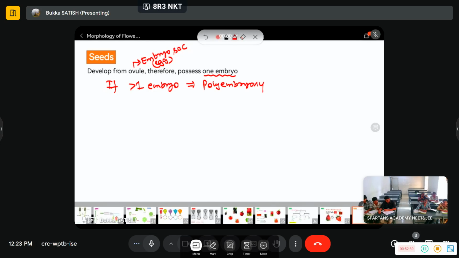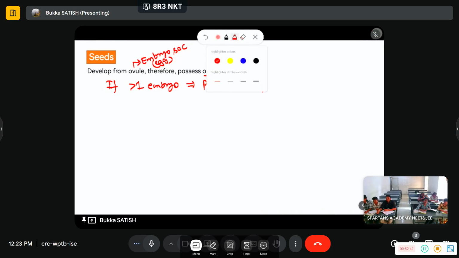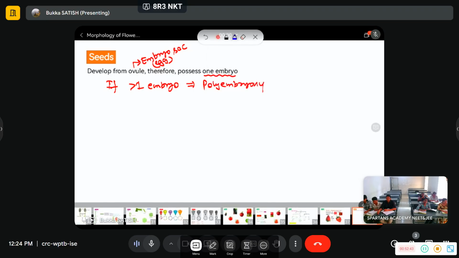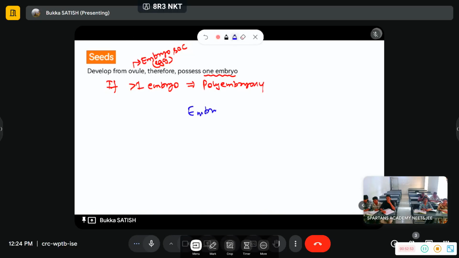Right. So now let's see one concept related to nutrition provided to different stages of plant development. Try to think, use your brain. Who will provide nutrition to embryo sac? Are you sure, Kanishka?